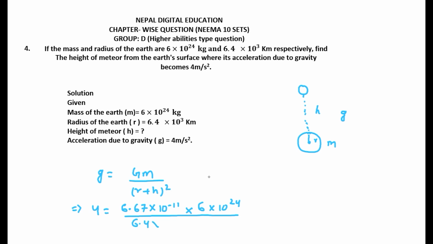Radius is given in kilometer, so first of all change it into meter, just by multiplying by 1000. So here radius is 6.4 into 10 to the power 6 plus height, we have to find this height h, whole square.